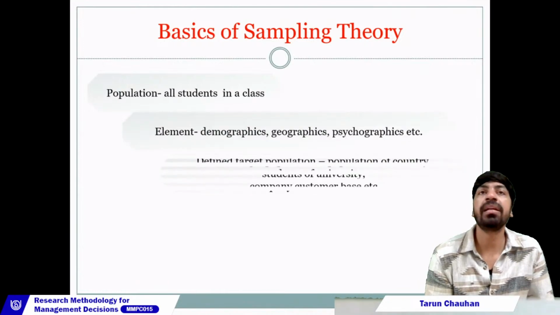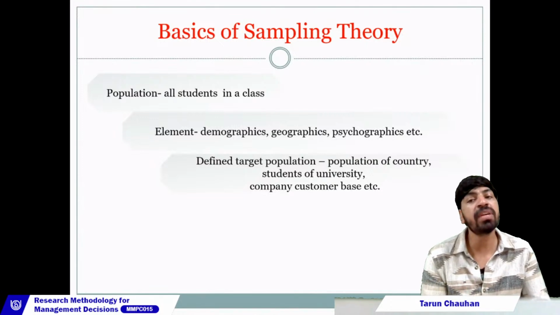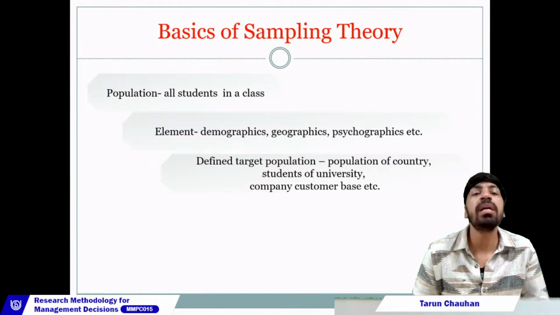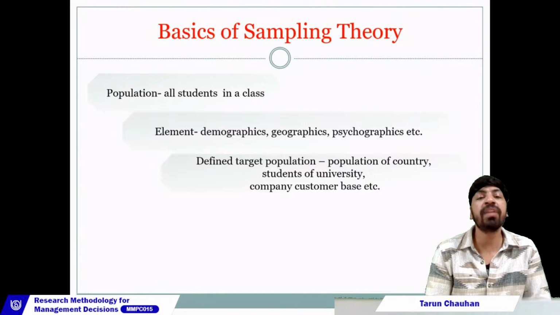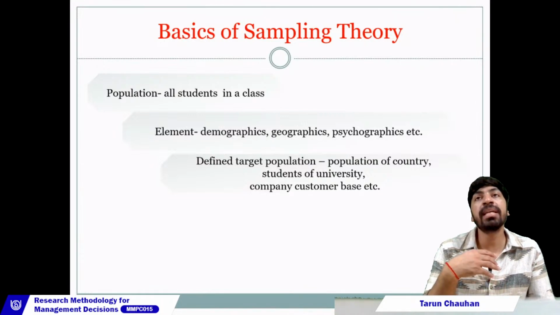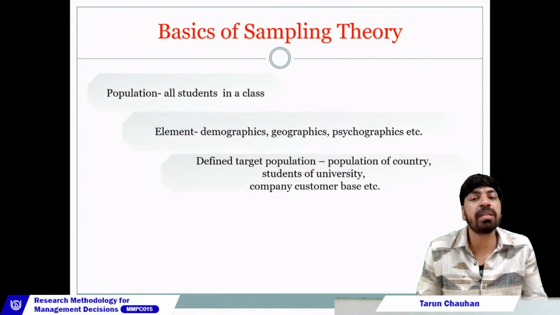Next one is element. Element means it would be demographics, geographics, and psychographics. Demographics, we always talk about the socio-demographic variables, that is age, gender, height, weight, blood pressure, even you can say sugar, diabetic level. That's called demographic variables.